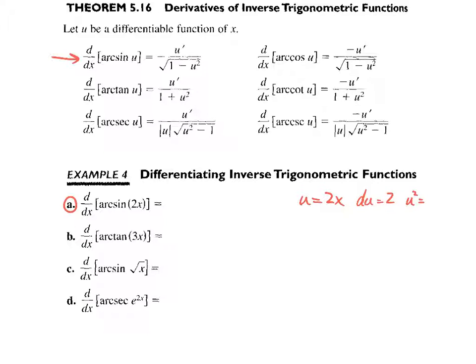What's u squared in this case? 4x squared. Good. So now, using our formula, it's u prime, which I wrote as du. I'm too used to doing integrals. U prime. Okay? So 2 over square root of 1 minus the u squared, which is 4x squared. And there's our derivative. Okay?